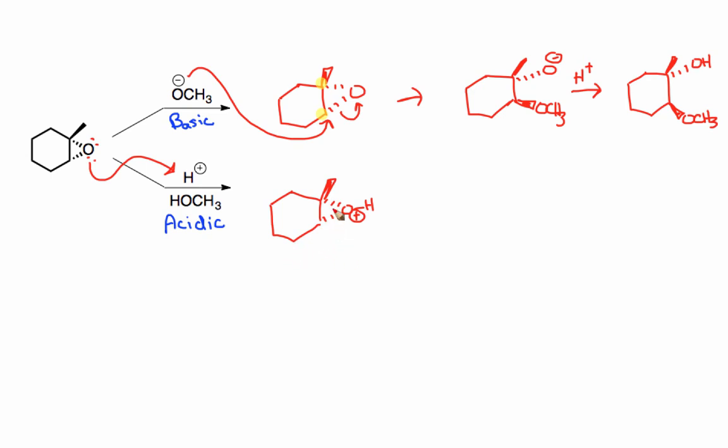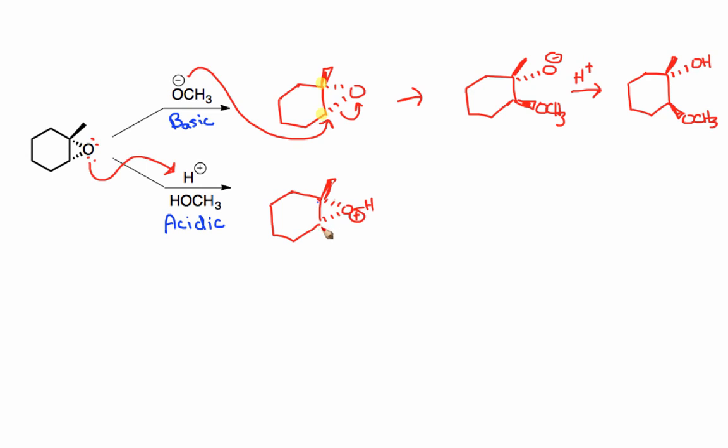Now, if we think about the electrophilicity of these two carbons, we need to think about which one has more partial positive character. Now that we have this positively charged epoxide, the mechanism changes. We can think of what would happen if this epoxide were to open up to form a carbocation.